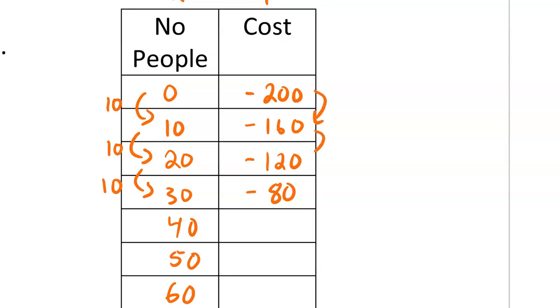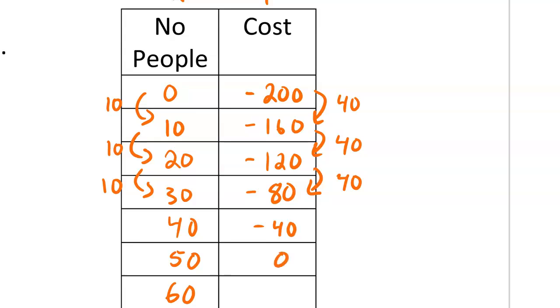On my cost, my rate of change for cost is $40 every time, because I went from negative 200 to negative 160, negative 160 to negative 120, and so on. So if that pattern is going to follow down, I'm going from negative 80 plus 40 will make negative $40.